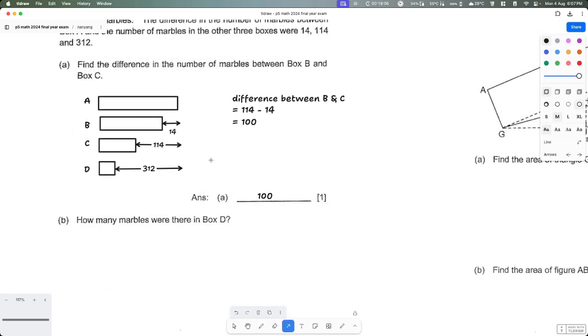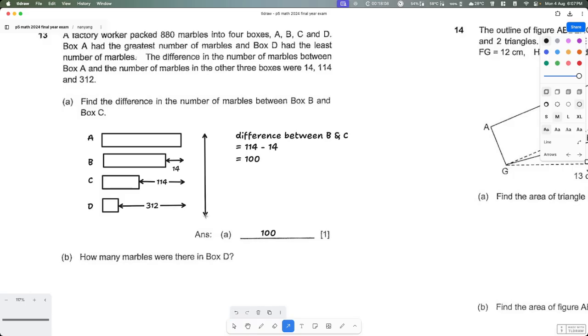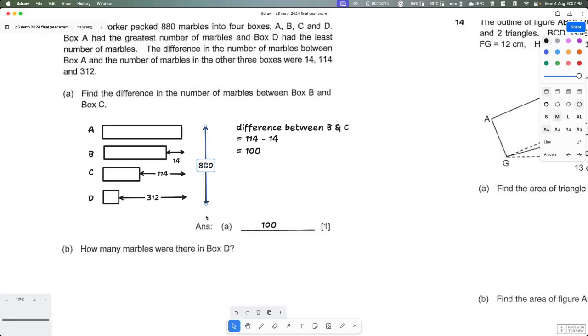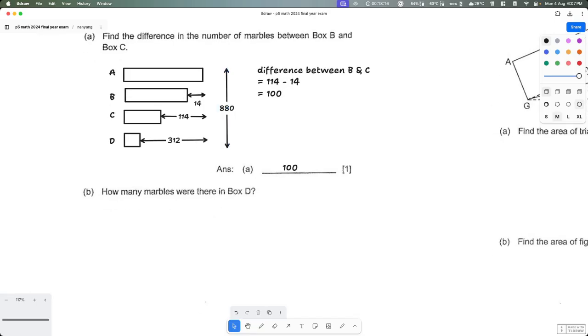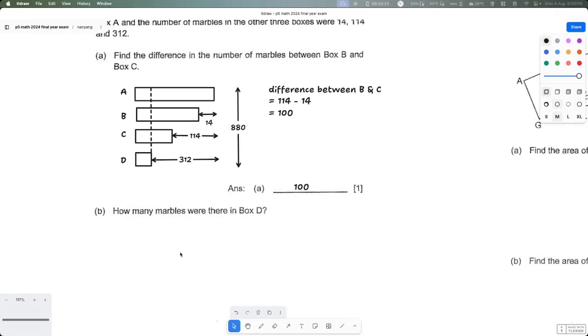In this case, we know 880 is all together. What we want is to list down every single thing. If you split like this, they each have 1 unit, so I'm going to copy this 1 unit over here, over here, and over here.